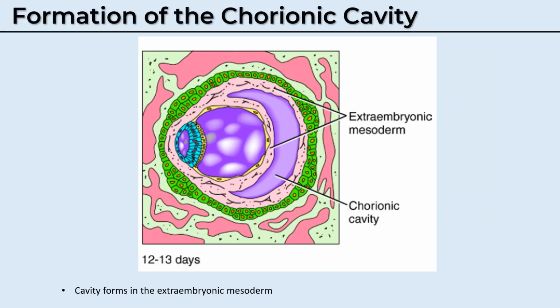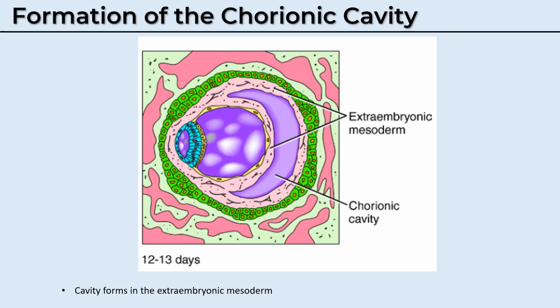So then we can see as we reach days 12 to 13, so this has all happened in a very small amount of time, that the extra-embryonic mesoderm has completely encased the primitive embryo, and we have formed a chorionic cavity within.